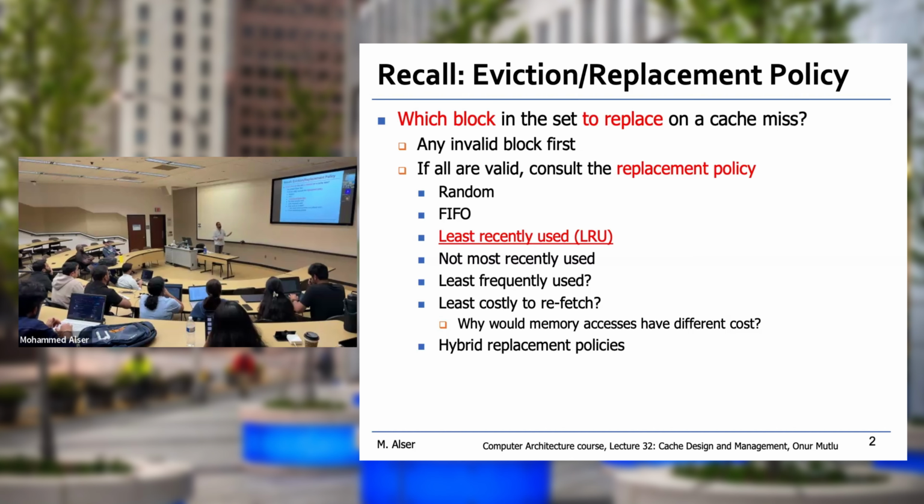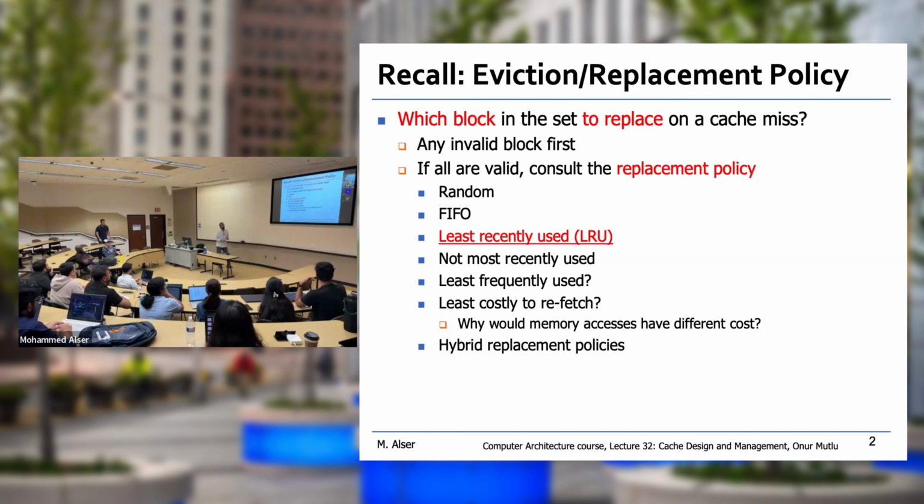By definition, it's the opposite of MRU, but it is also a bigger set than least recently used, because it could be not least, not most, somewhere in between. We have also least frequently used, based on how many times we send a request to access that block.